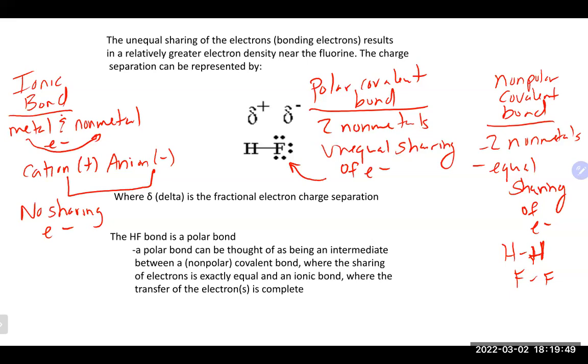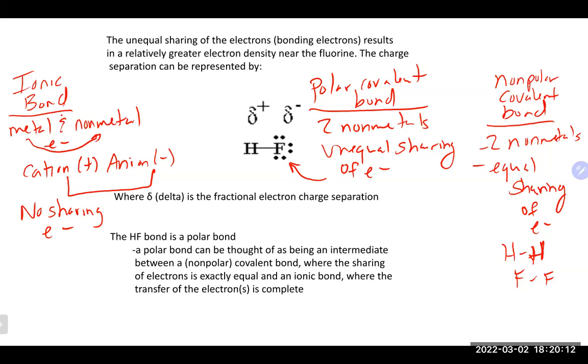So at one end of the extreme with ionic bonds, with metals and nonmetals, off go the electrons completely. Somebody completely loses electrons, somebody completely gains electrons. At the other end, nonpolar covalent bonds, nobody's losing electrons, and we share the electrons perfectly equally with each other.